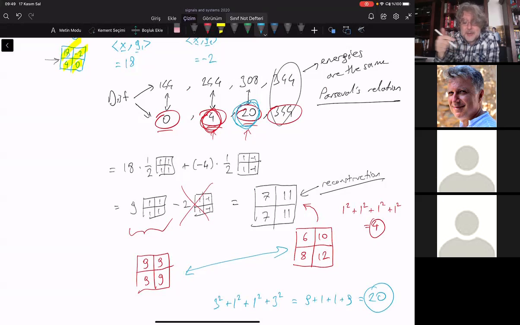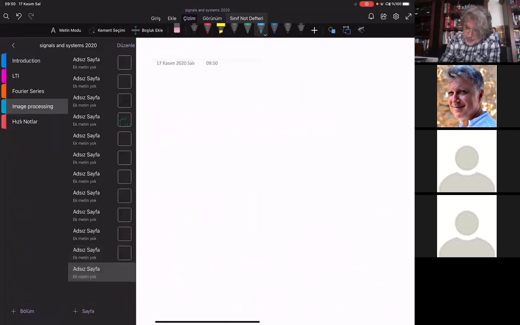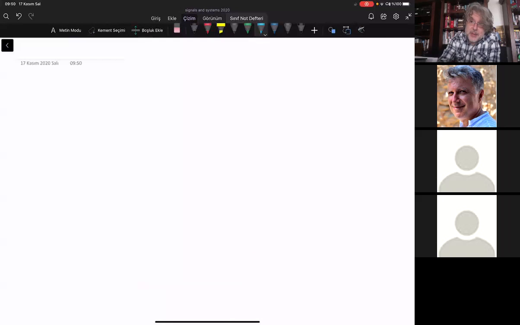So you can design actually your transforms. But for images, we are left with some typical transforms, and we will also see a methodology to optimize the transform according to an optimization criteria.